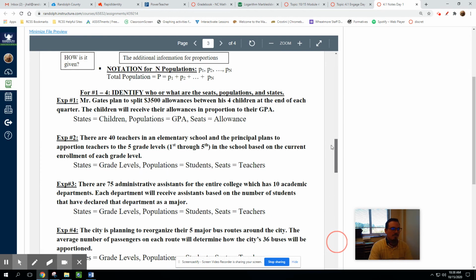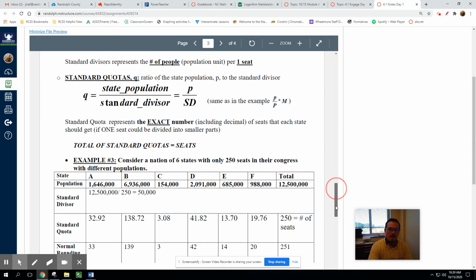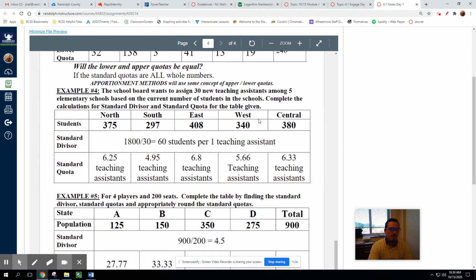And that, if you go back up here, is the number of seats that we're allowed. Okay, so 1800 divided by 30 equals 60. So what we're going to say here is there need to be 60 students per 1 teaching assistant. That's the standard divisor that we have.